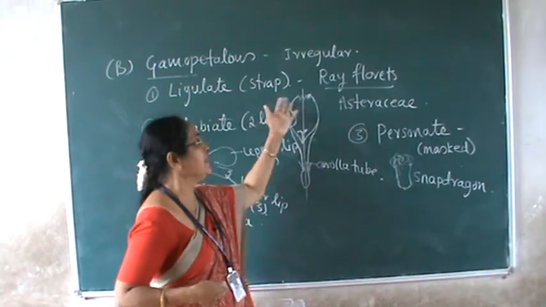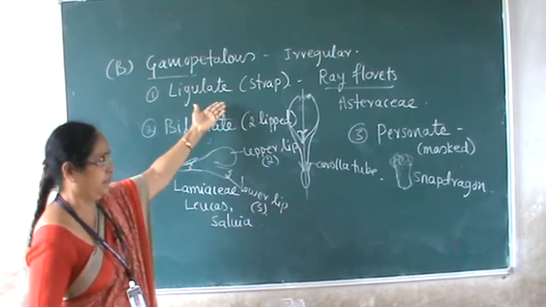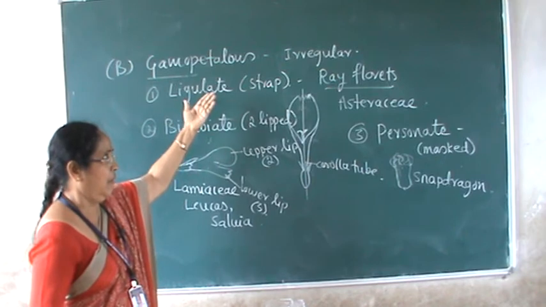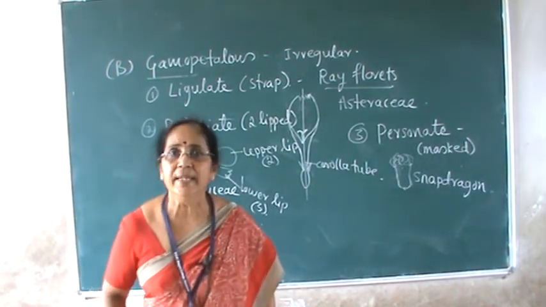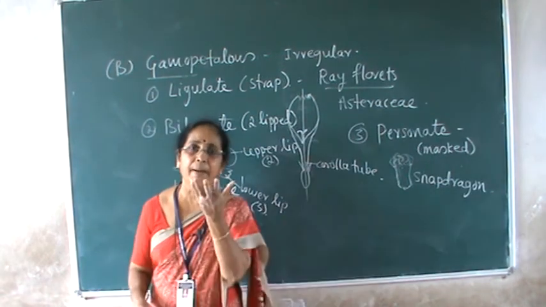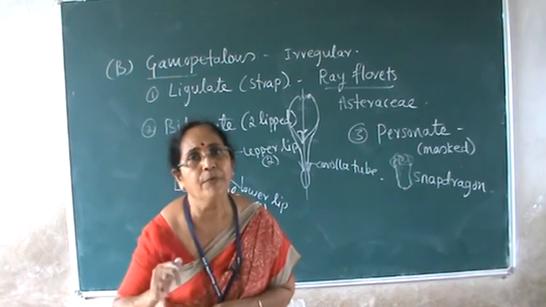And under these 9 types, you can give examples. If you are studying the Asteraceae family, Asteraceae is represented by one sunflower or one zinnia flower, which is a head inflorescence made up of 2 types of corolla.